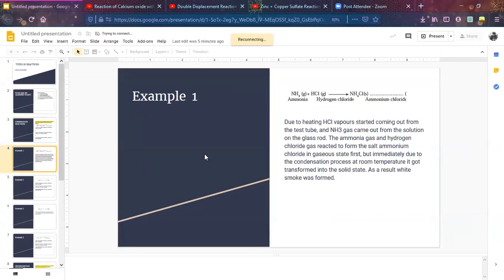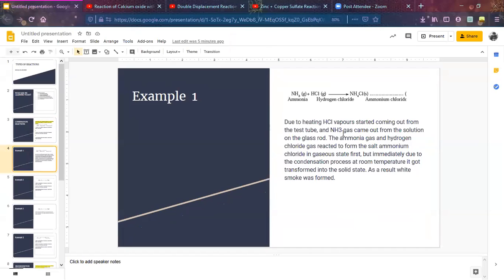Okay. So this is the reaction. NH3 plus HCl gives NH4Cl. If we had seen the video, this is what you would have seen. You will be taking HCl in a test tube, and NH3 ammonia gas will be kept on a glass rod over the test tube.